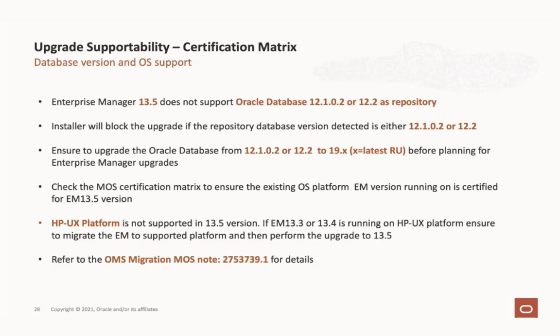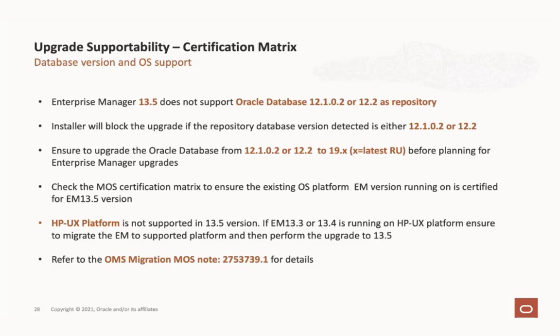So there'll be questions like, if I'm a 13.3 or 13.4 customer running on HP UX, how should I upgrade to 13.5? For that, we have created this migration workflow, and we have put the migration Moss note where customers can take step-by-step action to migrate their existing environment, which is running on HP UX, whether it is 13.3 or 13.4.